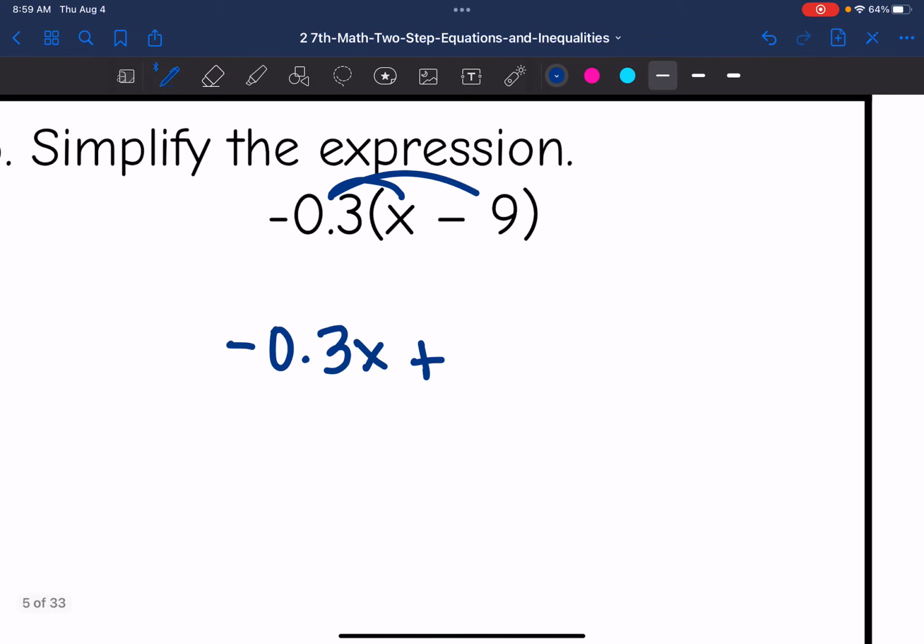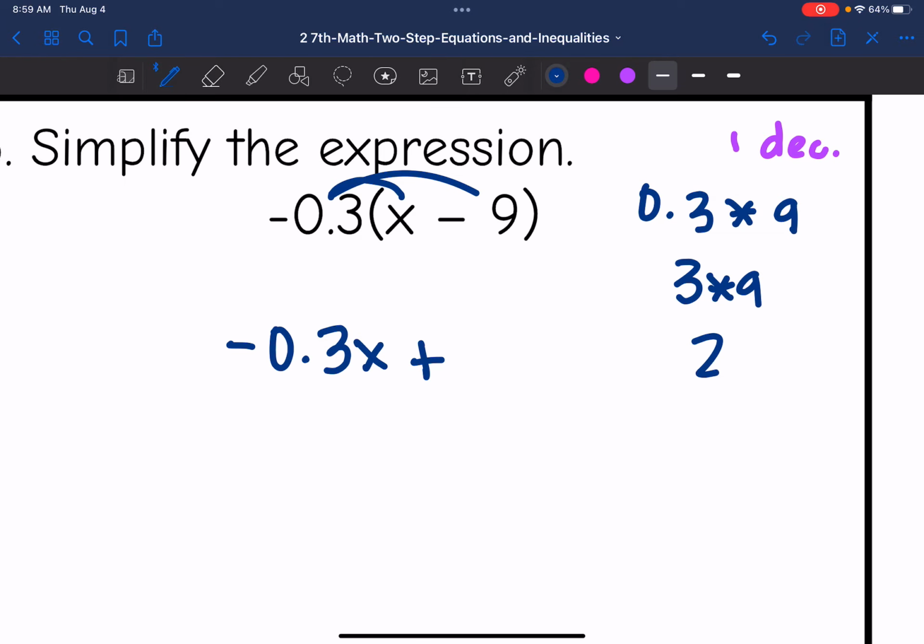And then I need to figure out what 0.3 times 9 is. Well, there's one decimal point there, so I'll add that back in the end. I'm just going to think of this as 3 times 9, which is 27, and then I add my decimal point back in, so it's 2.7. So this ends up being negative 0.3x plus 2.7.